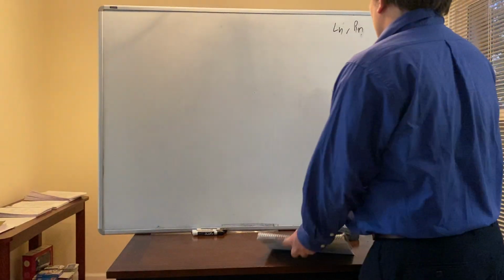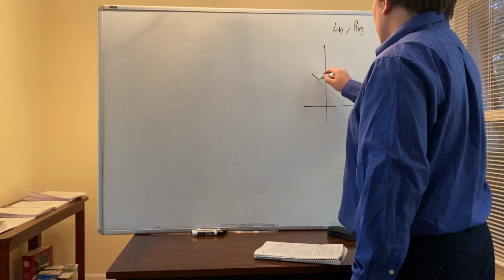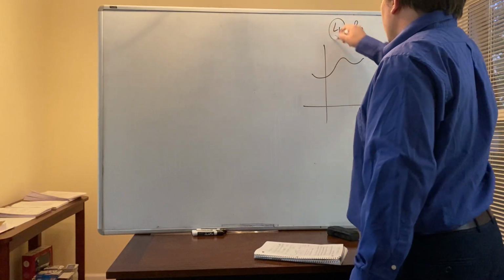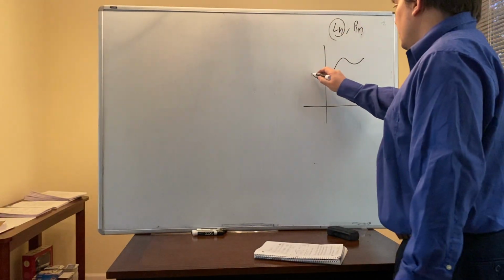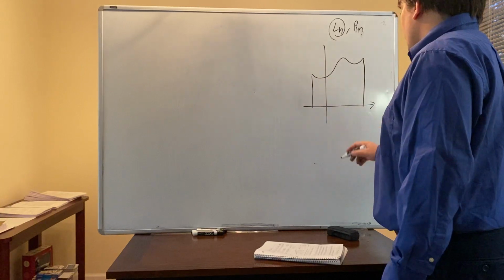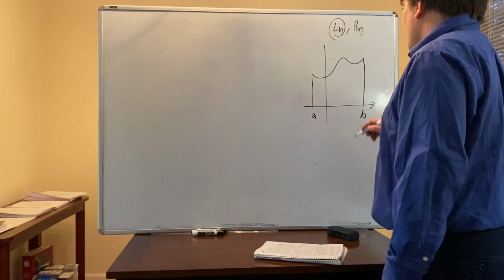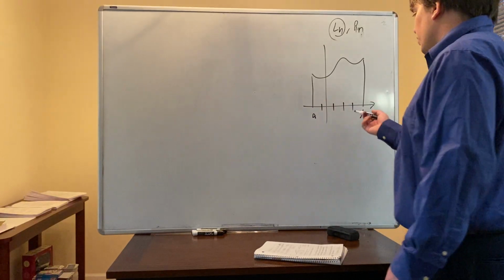I'll draw a picture. So let's say you have this general graph here, right? And you want to approximate it with n approximating rectangles using left endpoints. Then you would subdivide your interval here from A to B into n equally spaced subintervals, right?